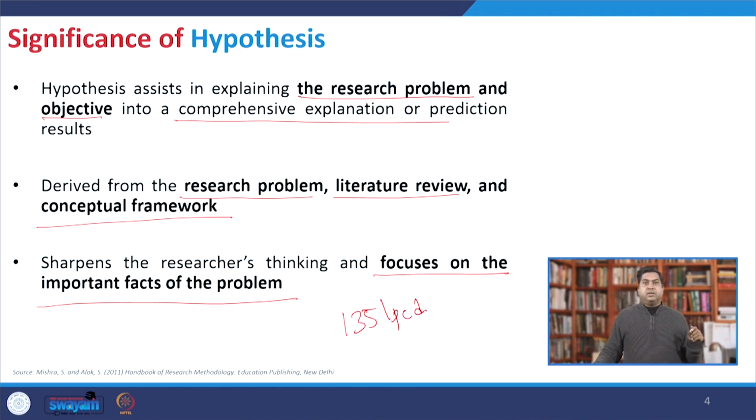Now this is just an assumption, but there will be some variation, maybe in some cases the actual supply is a little less, a little more, but on an average it is aiming to supply 135 liter.